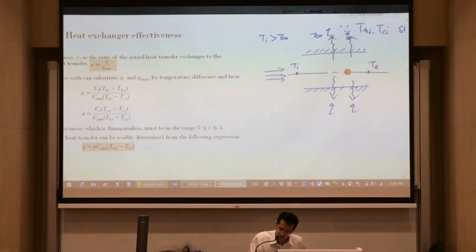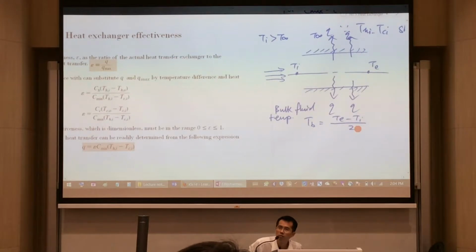Now, if I want to find out what is the so-called average temperature in between, what I'll do is to take what we call the bulk fluid temperature, Tb. So, the bulk fluid temperature Tb will be equal to taking your Te plus Ti divided by 2.